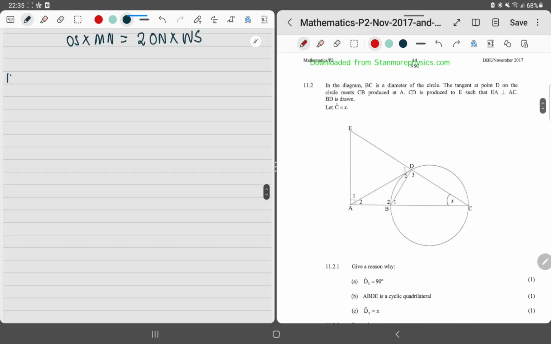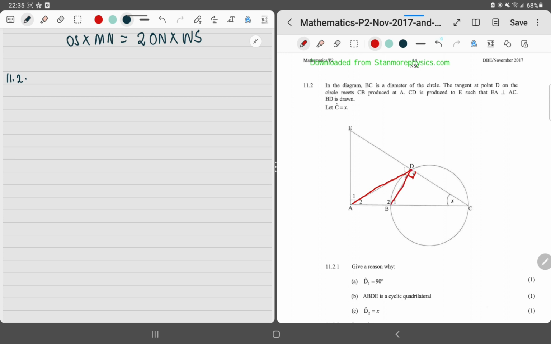And then question 11.2. In the diagram, BC is a diameter. So it means that this angle is 90 degrees. BC is a diameter of the circle. The tangent at point D on the circle meets CB produced at A. So this is a tangent, that is a chord.